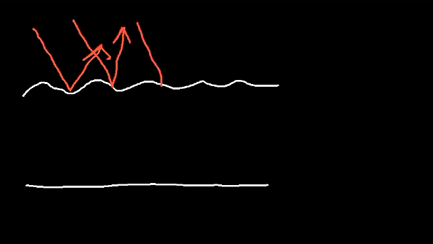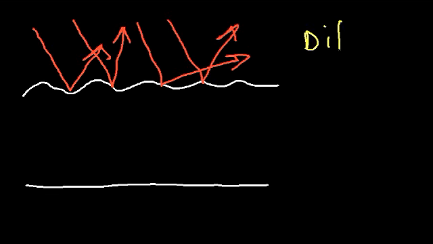In diffuse reflection, light is scattered along the rough surface, and so it's going to bounce off in different angles, and so that's why you won't see your image clearly. If you have a polished table, you can somewhat see your image, but not very clearly. So in such a situation, diffuse reflection is occurring.